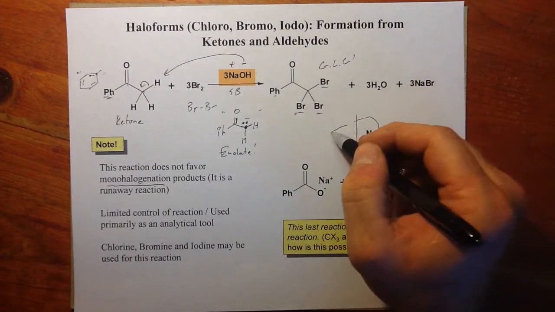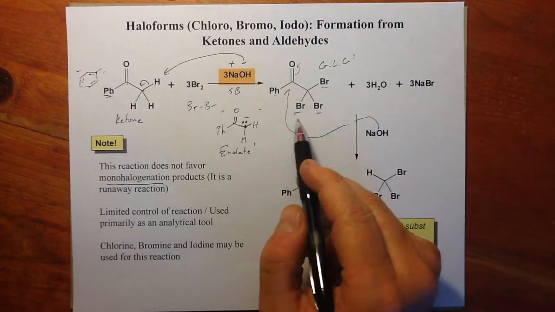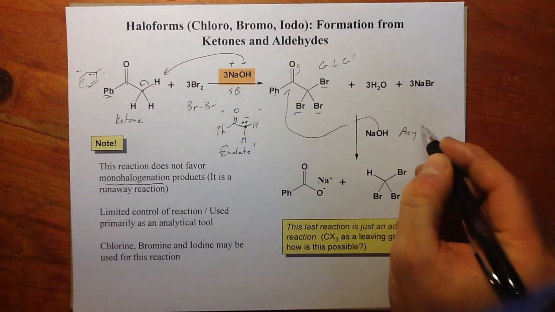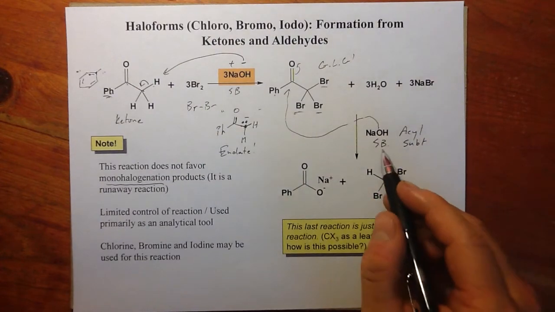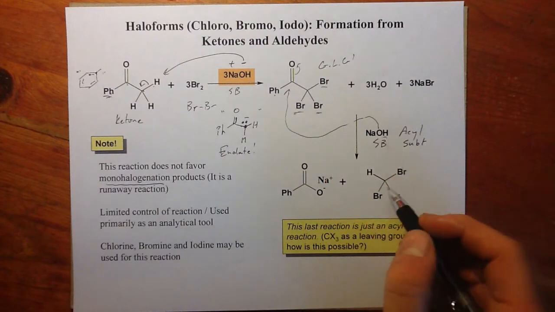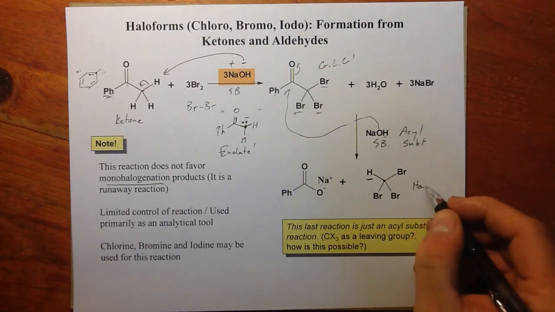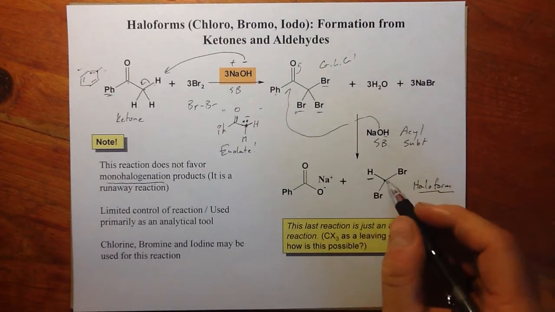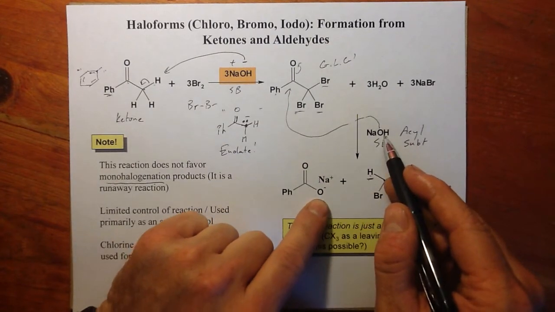And if we then take one more equivalent of sodium hydroxide, so three to get the bromines on, but a fourth equivalent to make an acyl substitution reaction go, wherein this strong base will kick off a weaker base, and we will have abstraction of that proton from the weak base to give us a haloform, a bromoform here, as our leaving group, plus a proton from that oxygen that attacked.